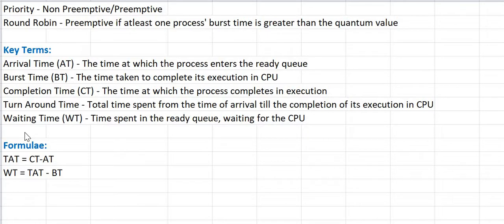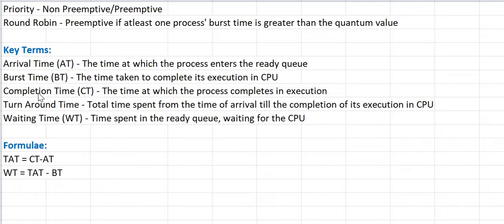If a process needs to spend some amount of time inside the CPU, that execution time is the burst time. And a process has entered, it has waited in the ready queue, and then it has entered into the CPU. By some time it might have completed its execution.